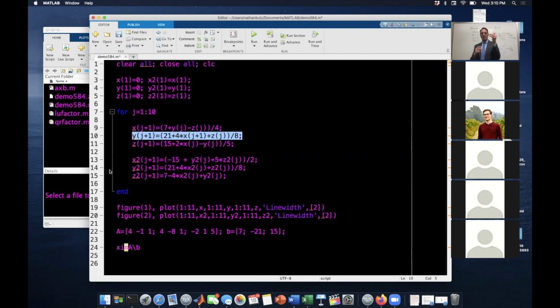Then on the next line, z of j+1 requires x and y, but I now have improved values of both of these, so I can put in plus 1 for each. The idea is that I should get a better value of z of j+1 because I've already used better values of x and y. Was there a question, by the way? Someone?